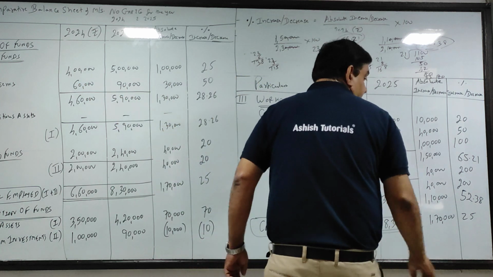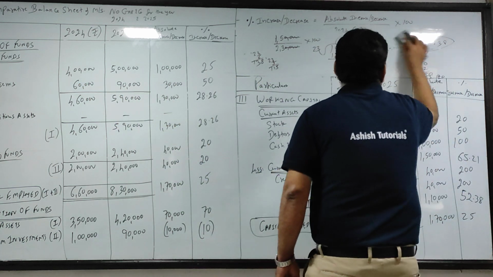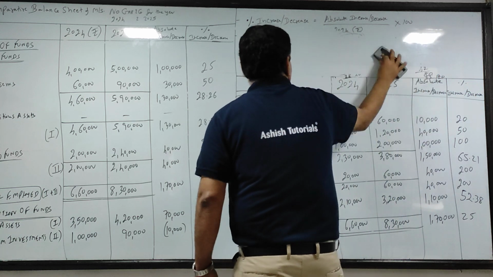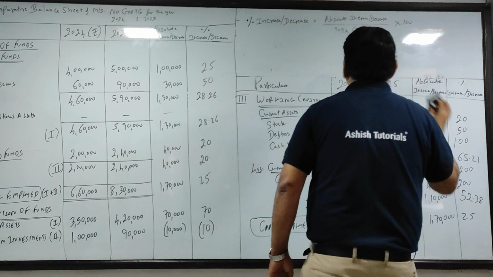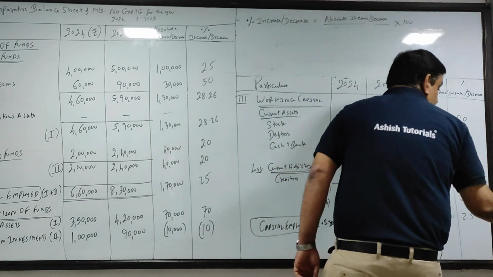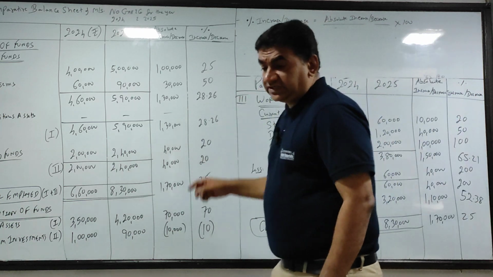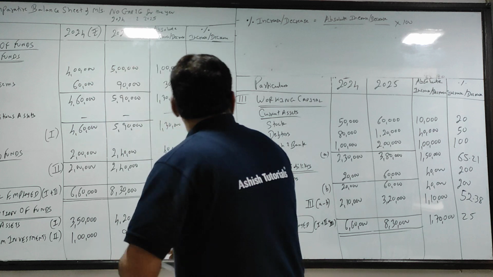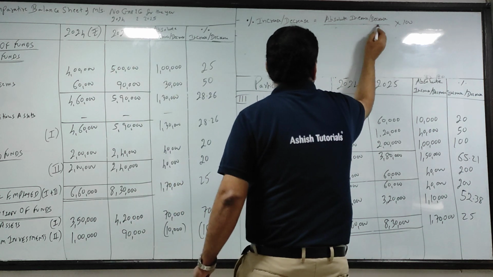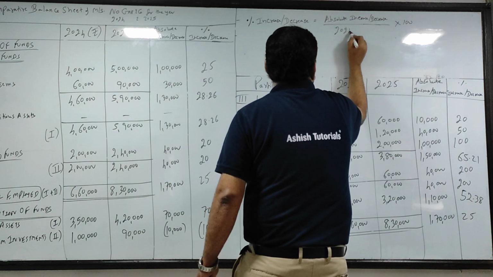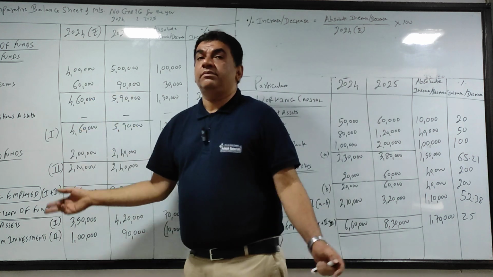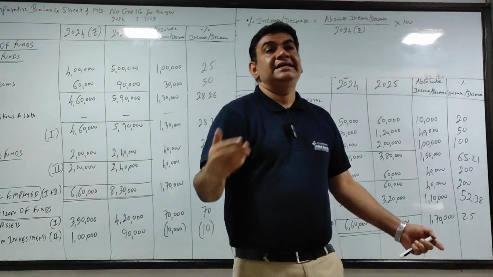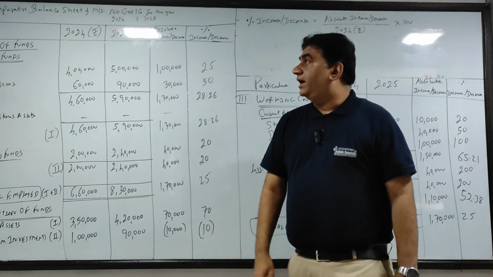Here I have written this. I'll just write it more clearly. Your percentage increase decrease will be absolute increase decrease upon 2024's amount, or you can say first year's amount, into 100. First year or last year's amount into 100.